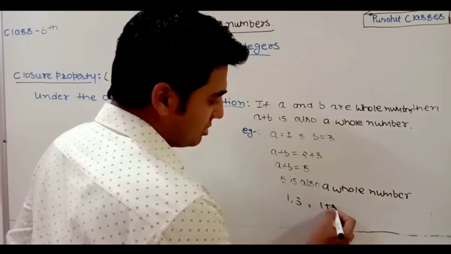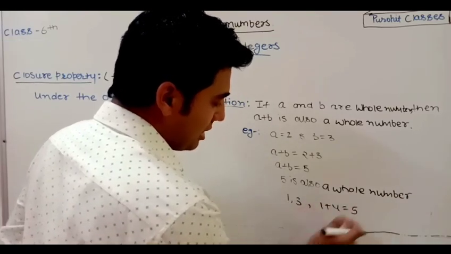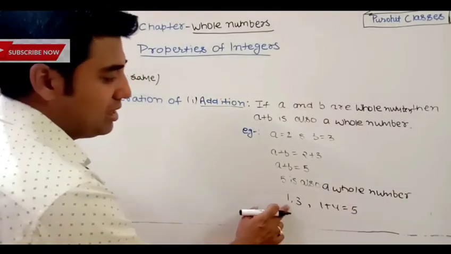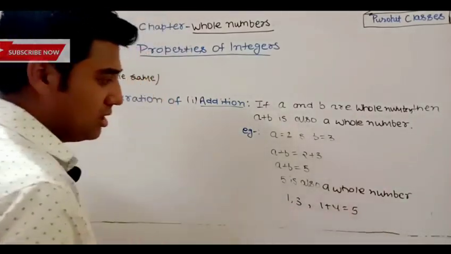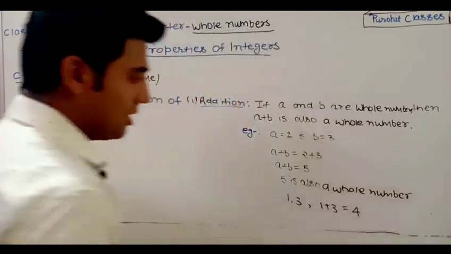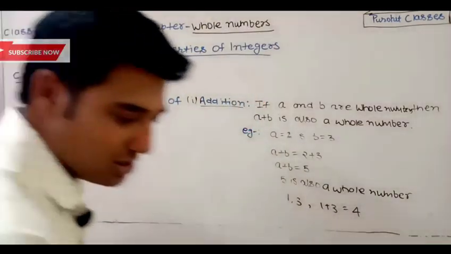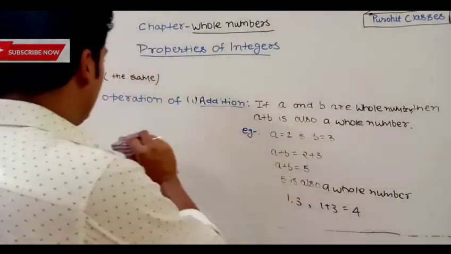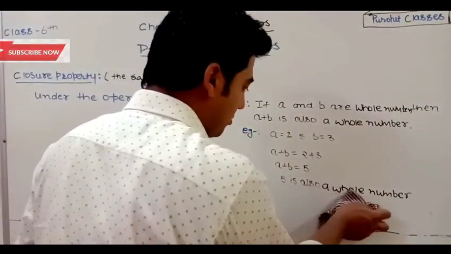If I find the sum, it is going to give 4. Again you can see if a and b are whole numbers, then their addition is also going to give a whole number. Getting or not? So we have seen that whole numbers satisfy this property.